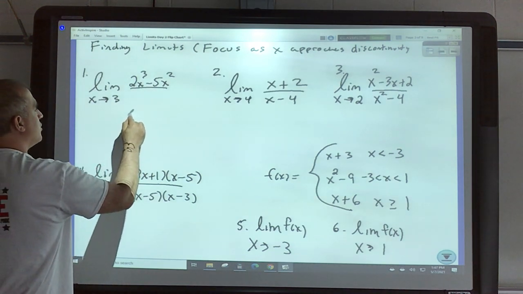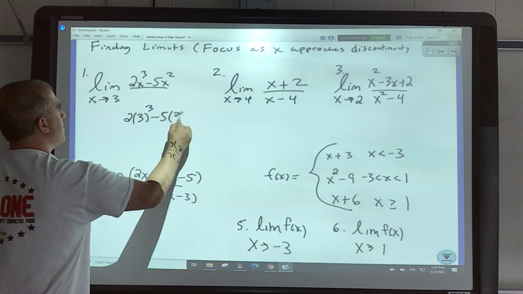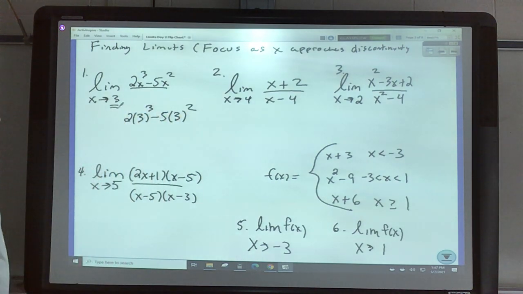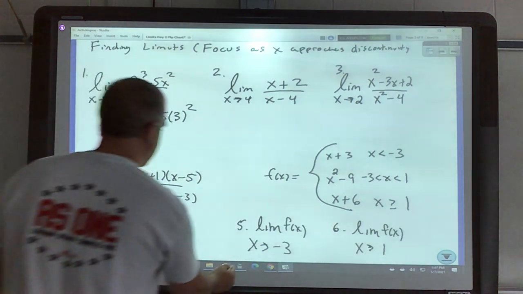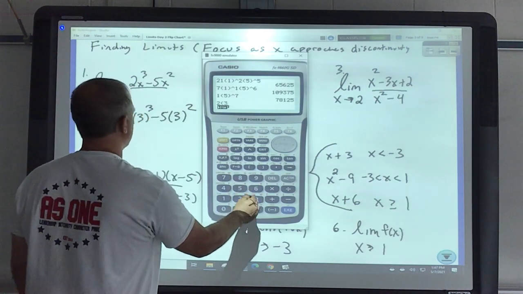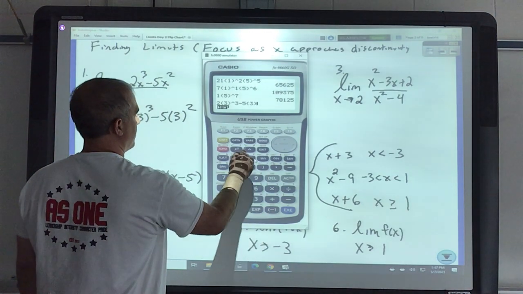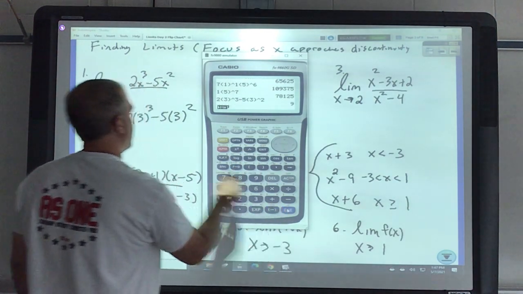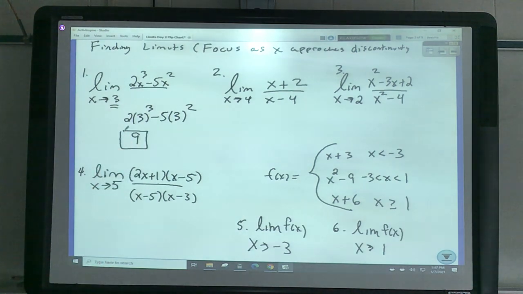All I'm going to do is evaluate that number at 3, because whatever that result is, evaluated, is that limit, because this is always a continuous function. 2 times 3 cubed minus 5 times 3 squared, and that answer is just going to be 9. That's what it equals.